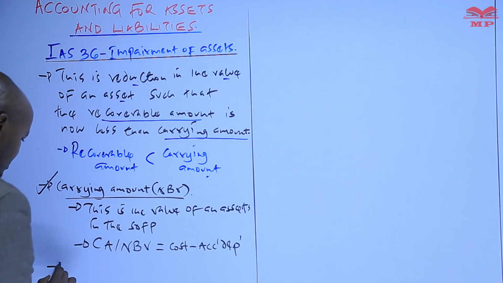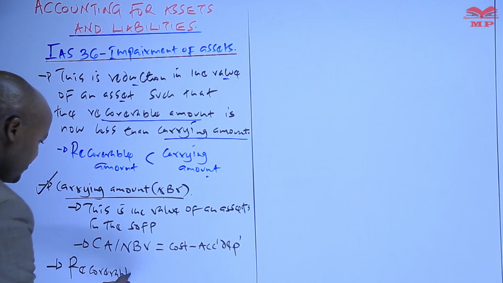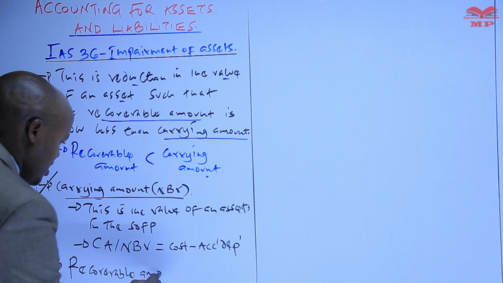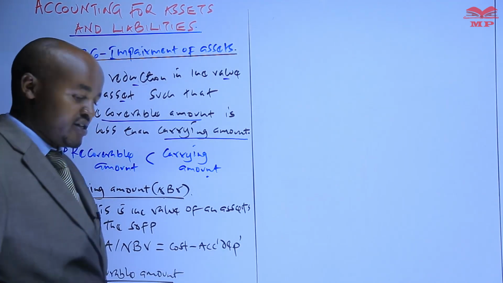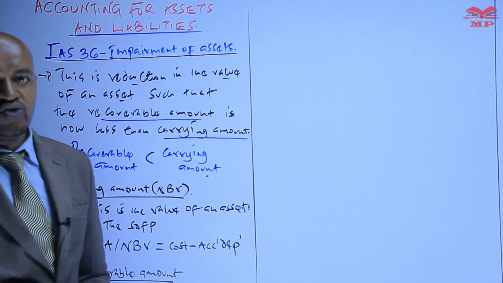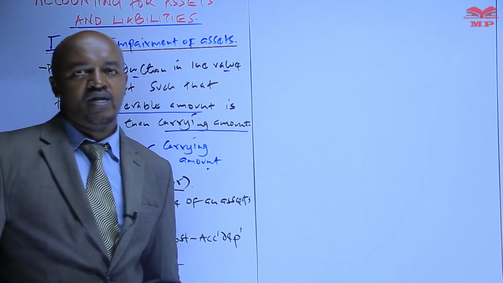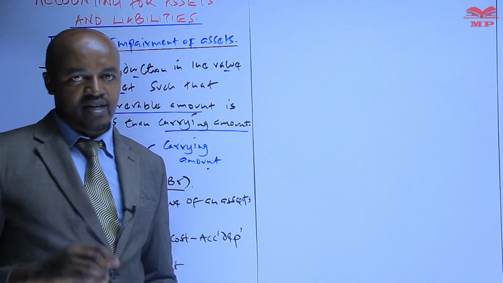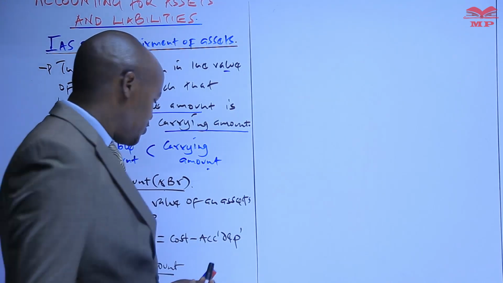The other term which we have here is the recoverable amount. And for the recoverable amount, this is defined under IAS 36 to be the higher of two values, the higher of the value in use and something known as the net realizable value or the fair value less cost to sell.